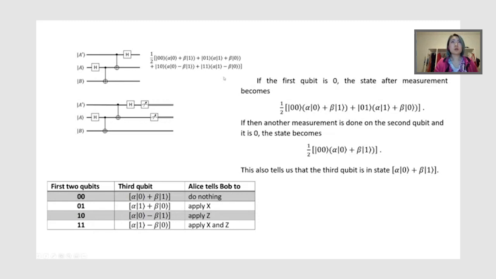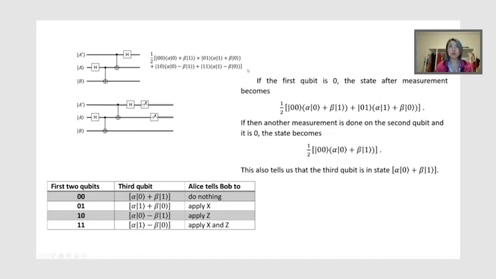Now, this is what your system looks like after this step. So then what happens if you do a measurement? Alice has these 2 qubits. She would do a measurement for each. If the first qubit is 0, the state after the measurement will only have these 2 terms, because the other 2 terms have 1 as their outcome.